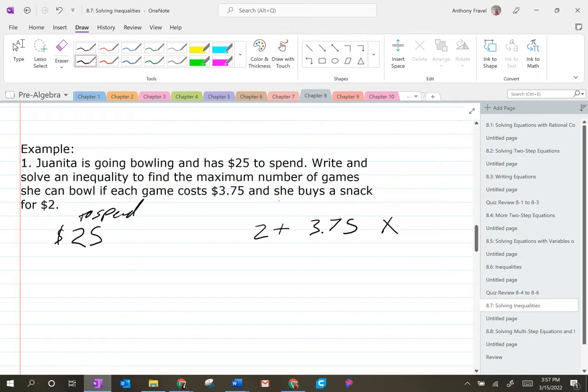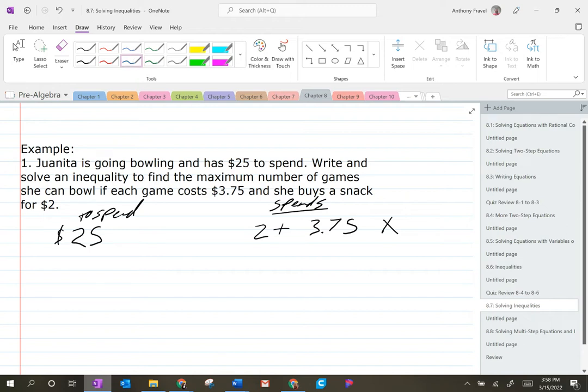So here's what she actually spends, and then the other side is what she is allowed to spend. Hopefully you remember that when I set these up, I want to make sure my variable is on the left-hand side with my inequality, and the number it's going to solve to on the right-hand side.